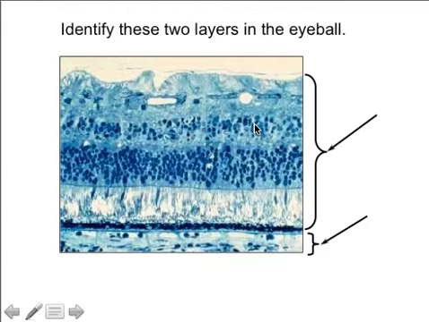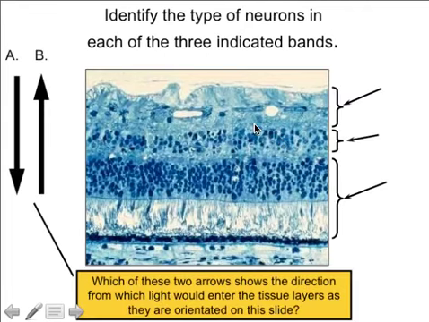This is simply a look at the retina. Here you can see the retina in total. This of course is the sclera, and we're going to break the retina down next. Remember that light comes in through the cornea, through the aqueous, through the lens, and through the vitreous, and then it actually passes through the retina and hits the choroid.